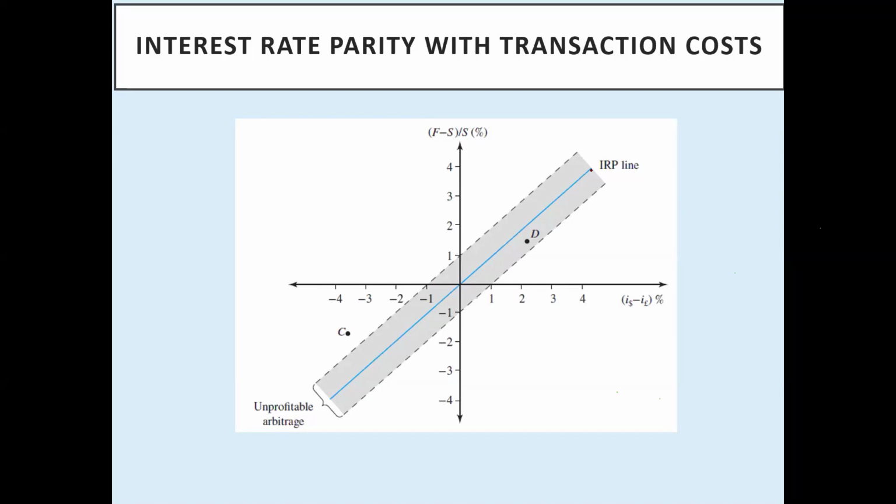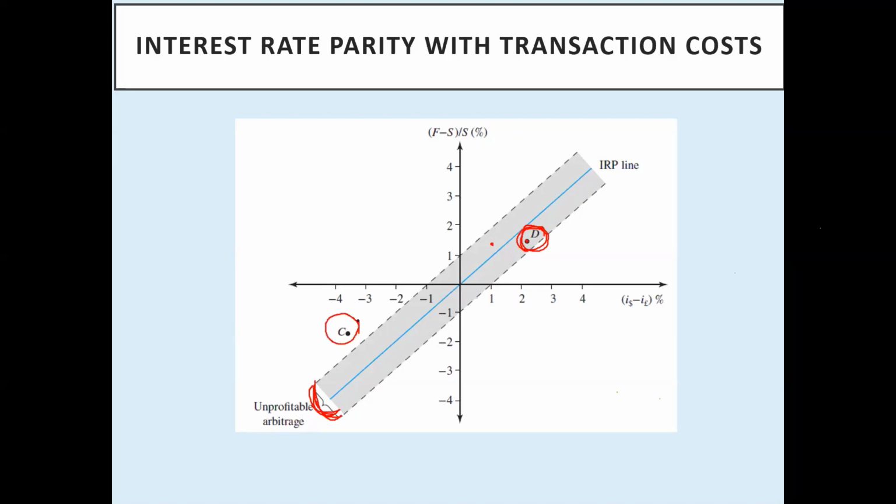So if I modify the IRP line from just a line to a range, I can determine that within this range, because of transaction costs and so on, the IRP does not hold, but this is not a profitable arbitrage condition. When you are on this point here, even though it's not the IRP level, you cannot arbitrage this away because of transaction costs, and it will just stay here. So there will be no further adjustment.